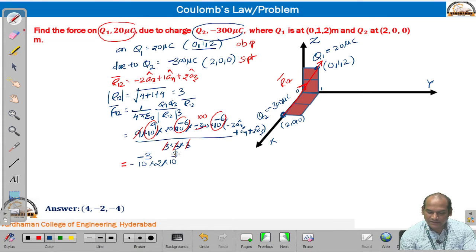Like this we can write, multiplied with the vector minus 2 ax cap plus ay cap plus 2 az cap.